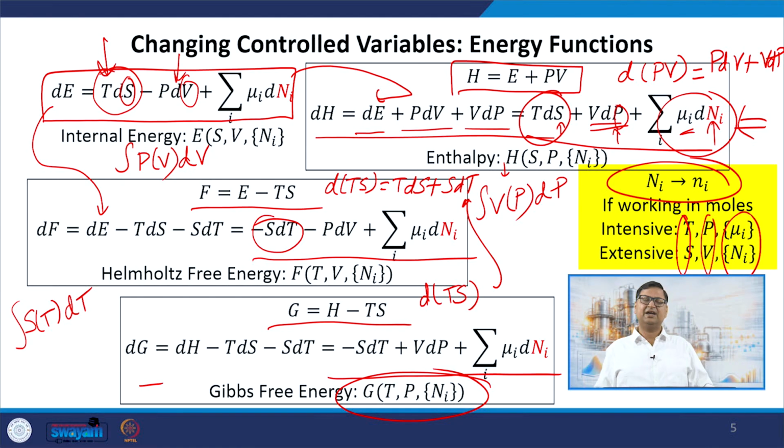So S, V and Ni are extensive, and T, P, mu i are intensive, and I can choose one from each pair as the independent variable, the other becomes the dependent variable, and the way we choose it, we get different energy functions. I don't have all the energy functions possible listed here, but these are the most common that we find.